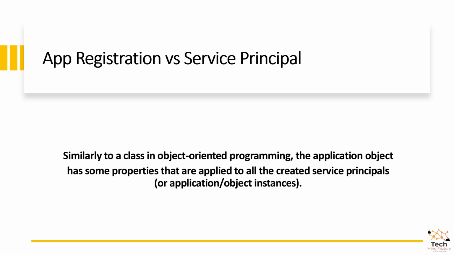This class can have different kinds of properties, fields, constructors, and then you can create a concrete instance of this class, which is an object basically. So application registration is such a class in object-oriented programming, and the service principal is actually a concrete instance of the class.